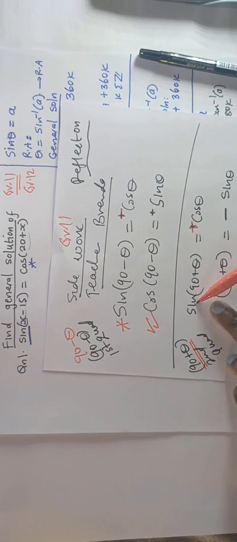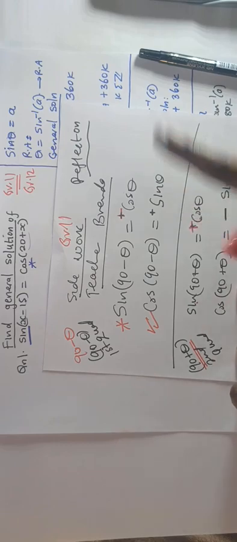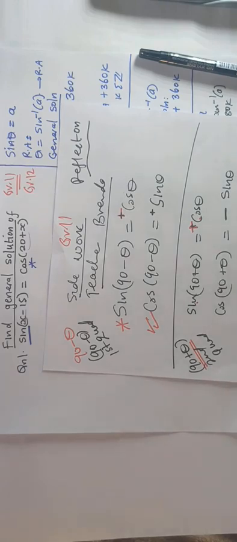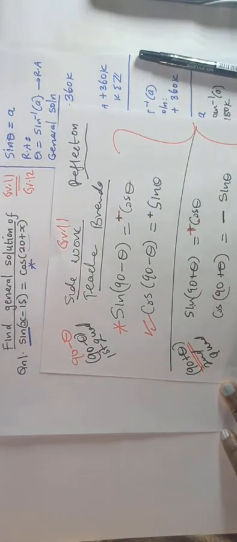So sine of (90 + theta) gives positive cos. Cos of (90 + theta) is negative, since in the second quadrant the adjacent side is negative. We are going to apply these skills here.